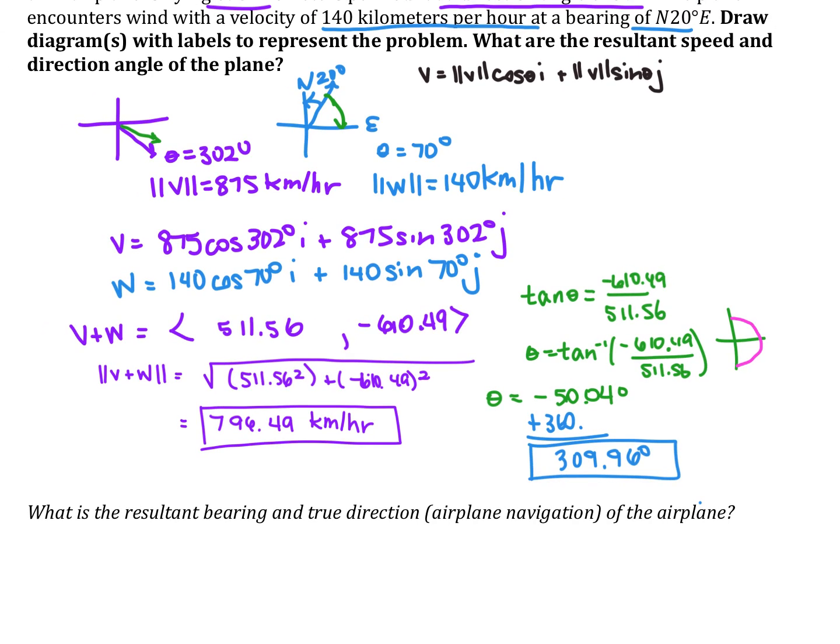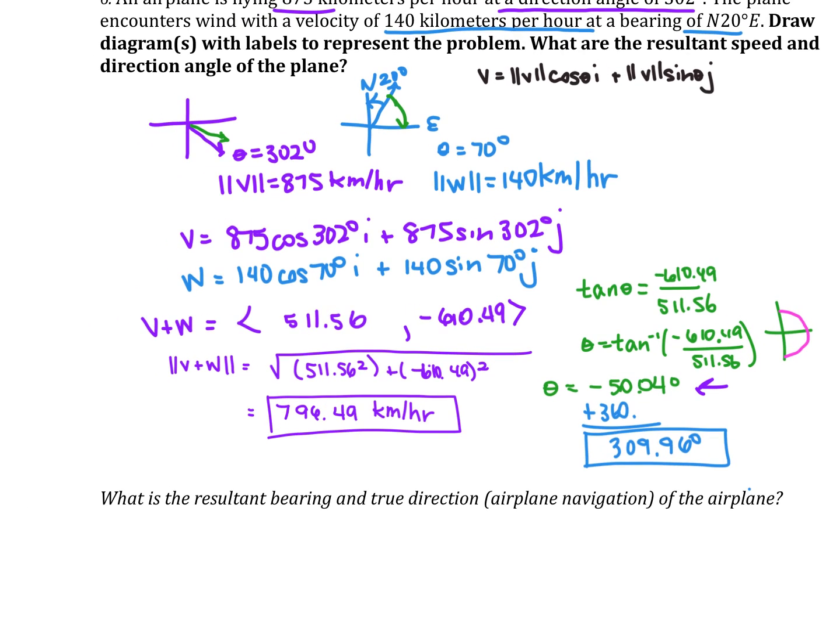So using the information we have, negative 50.04, a couple things here. Let's talk about true direction first. True direction in airplane navigation is that north is our 0 degrees for airplanes, and then it moves in a clockwise direction this way.